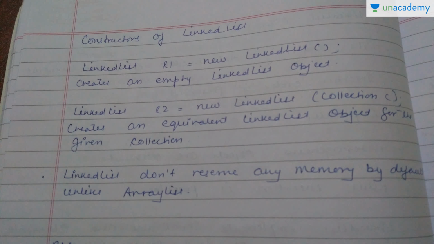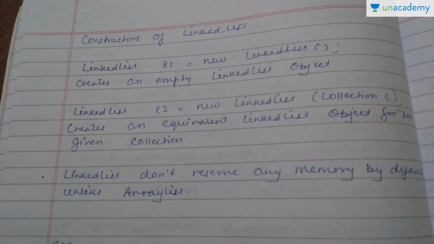The second constructor here is LinkedList l2 = new LinkedList(Collection c). It will create an equivalent LinkedList object for the given collection. Whatever collection object we have given, it will create an equivalent LinkedList object. And it does not reserve any memory by default, unlike ArrayList.